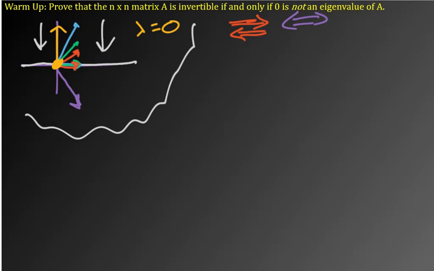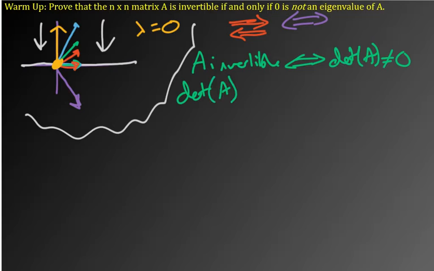So we know that A invertible is equivalent to the determinant of A not being 0. And then if the determinant of A is not 0, that is equivalent to the determinant of A minus 0I not being 0. It's literally just throwing in a 0.